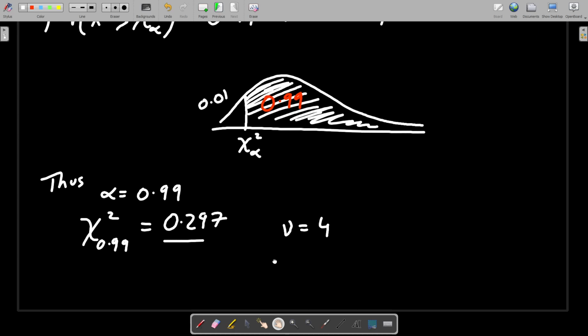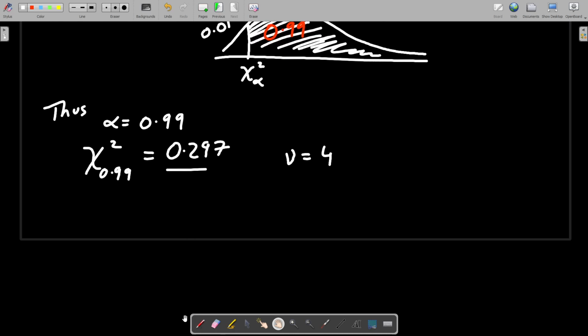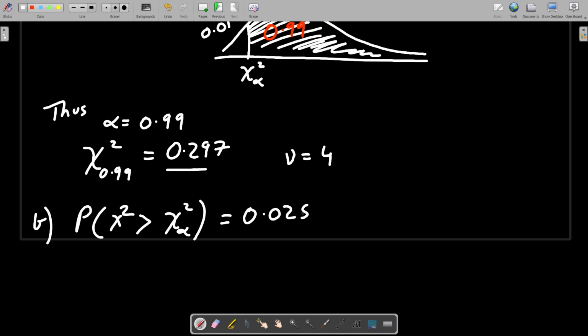So the next question, the B question, was the probability of chi-square greater than chi-square of alpha, where chi-square of alpha is equal to 0.025, when v is equal to 19.